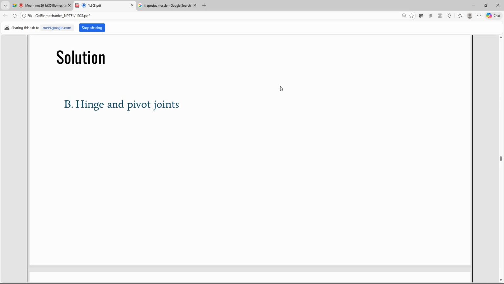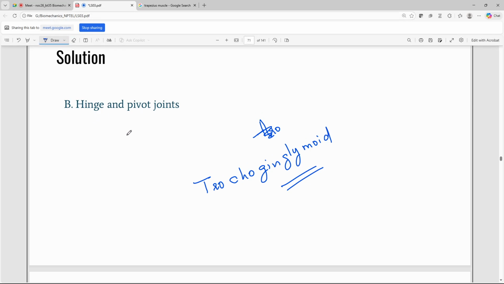It is often referred to as trochoginglymoid joint. If you don't know this word, you can just write it down. Trochoginglymoid joint. So, a combination of hinge and pivot joints.